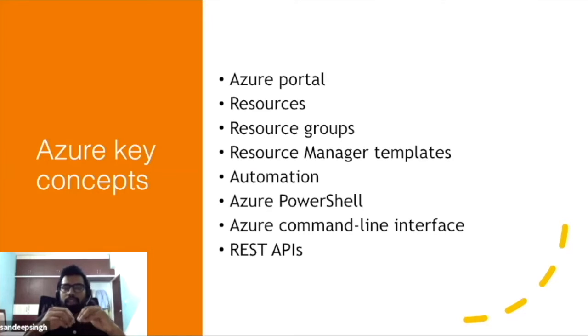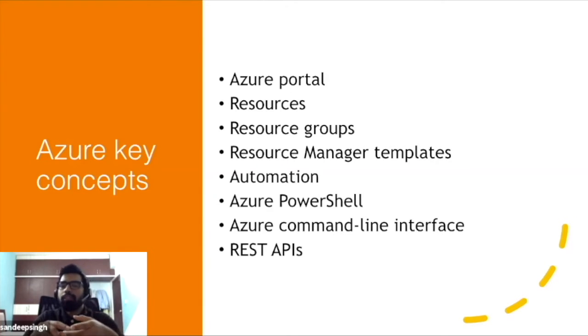So here is how the hierarchy works. There is a tenant and then subscription. One tenant is unique for an organization, and under one organization I may have multiple subscriptions. For example, in a service organization, there will be a healthcare domain, a banking and finance domain, a payment domain.